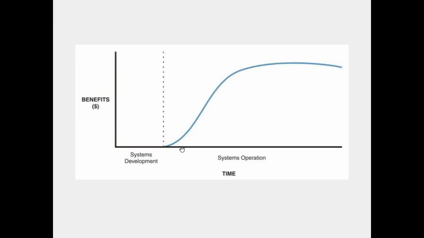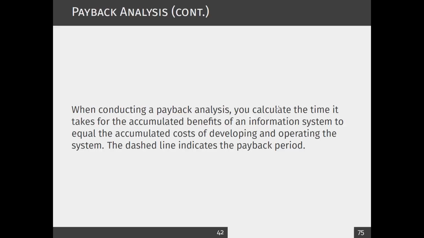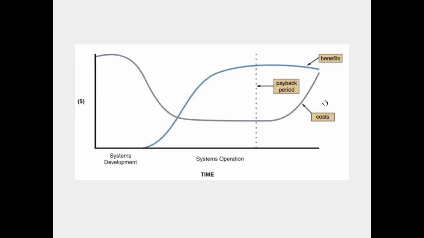When the system operates, they keep on increasing, right? And when you put these two together, here is how it looks. If you map the area under the curve for the cost and the benefit, when they match, we call that period the payback period.